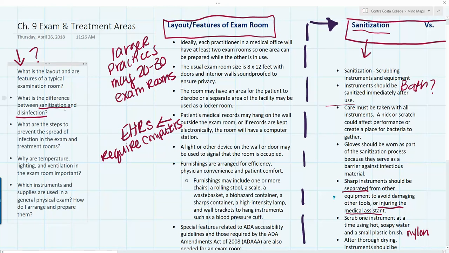We know the difference between sanitization and disinfection now. We know what steps to take to prevent the spread of infection. We know why temperature, lighting, and ventilation in the exam room are important. And we just talked about the instruments that are used in the general physical exam. So I think we covered everything.